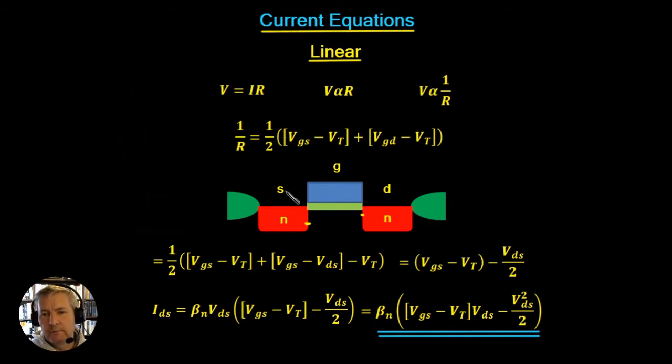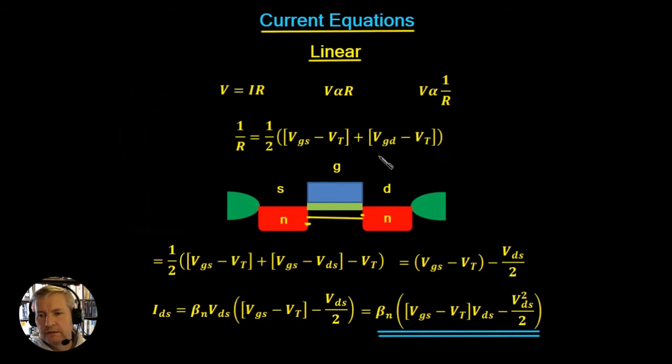So we say that the conductivity is going to be given by the average of these depths. We take one of them, add on the other, and divide by 2, and we'll get an average layer depth of something in here. So the average layer is going to be somewhere along this point here. So we're left with this equation that the conductivity is going to be half of VGS minus VT plus VGD minus VT.